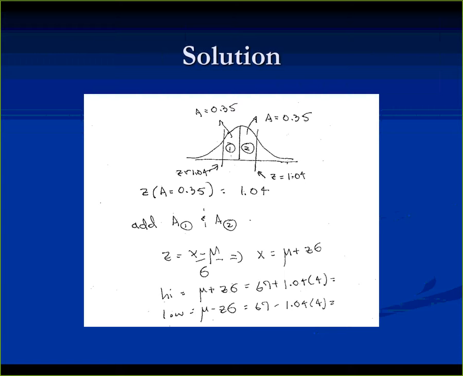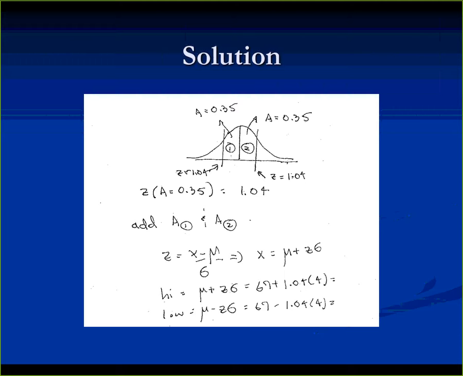If you add 0.35 and 0.35, you come up with 0.7, and we have drawn the middle 70% of the data. What we are trying to solve for is a high value and a low value, and those are your x values. So you need to rearrange your z equation to solve for x. But notice we're actually using the z charts now in a slightly different way.